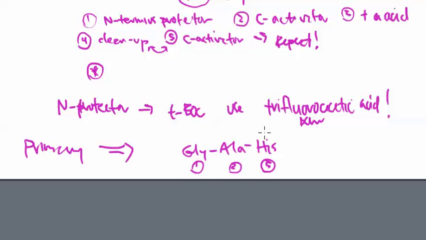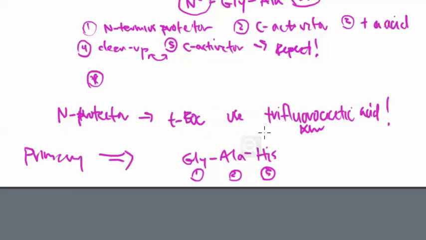So glycine comes first, alanine came second, histidine came third in this example. So that is the primary sequence of the protein. We'll continue on with this idea of primary sequence in the next 10-minute clip, and then we'll just continue to work from there. We're almost finished with amino acids. There's a couple more maybe complicated examples that we have to work through, but as far as the theory, we're almost there.